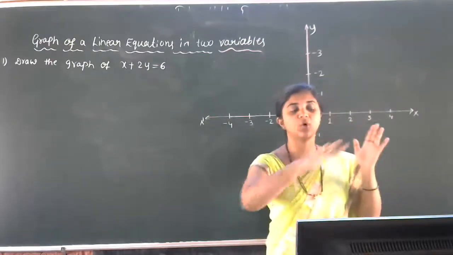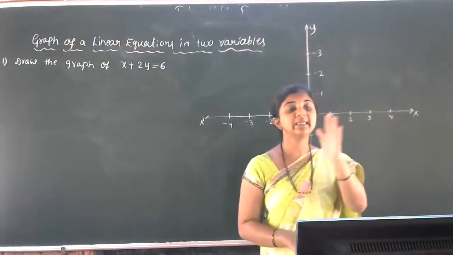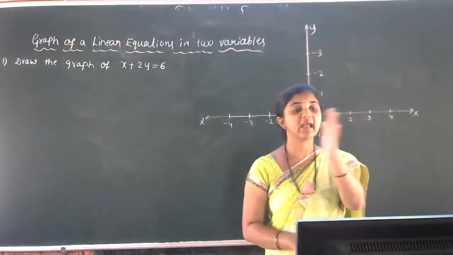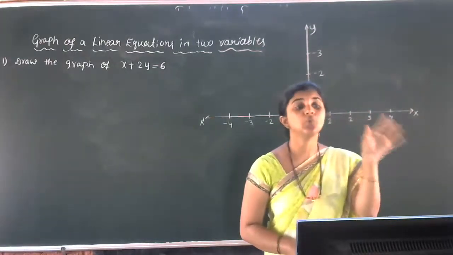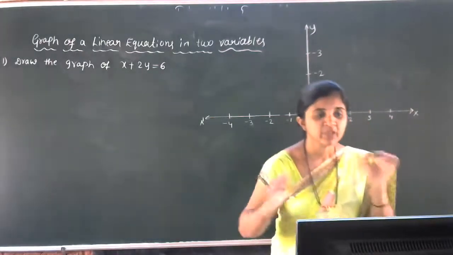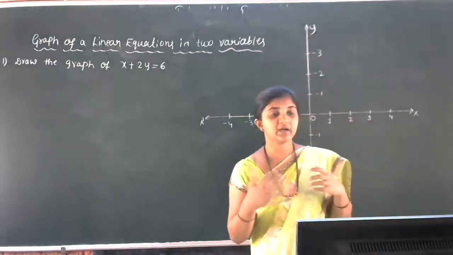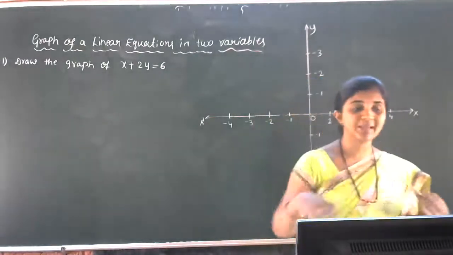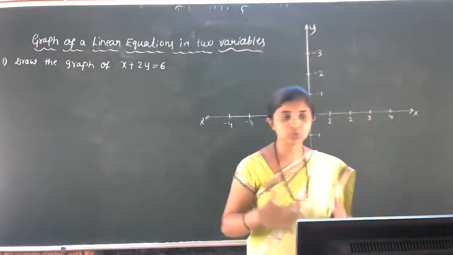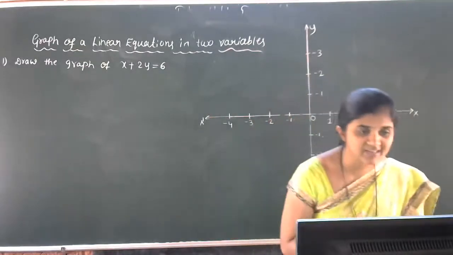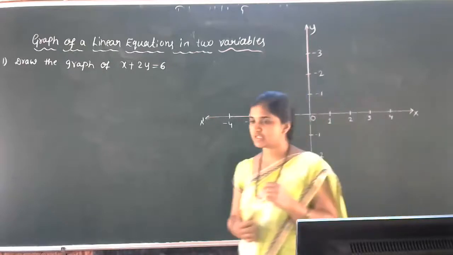When we join all the points, we'll get a line. In the word linear, take the first four letters, line: you will get one straight line. So the graphical representation is actually a straight line when you draw the graph of linear equations in two variables. Shall we start?